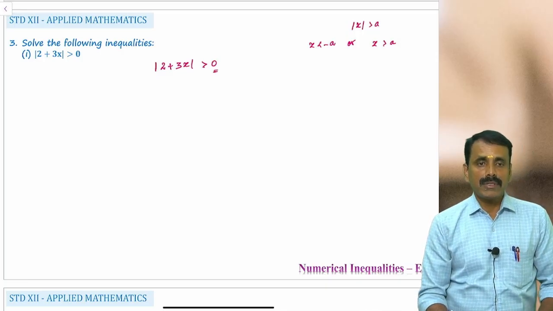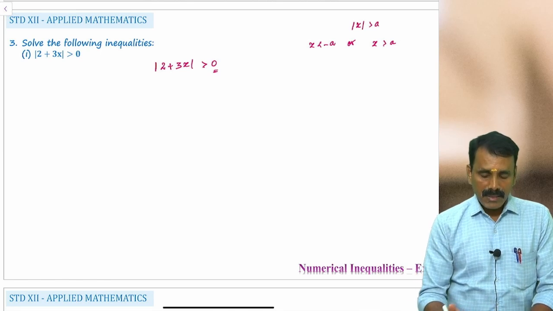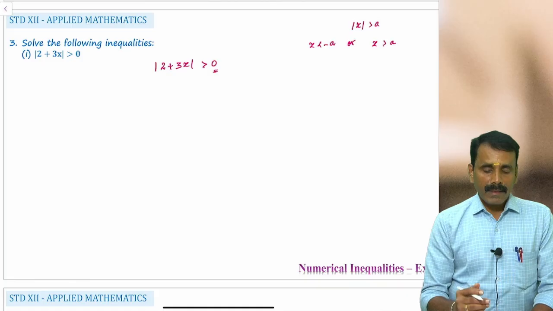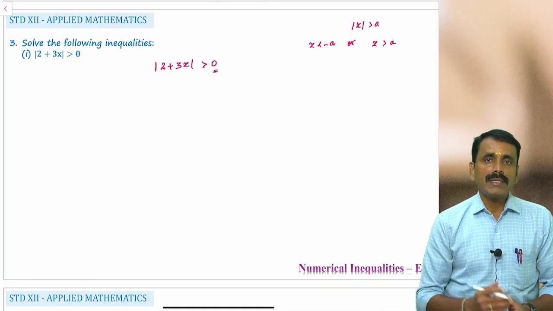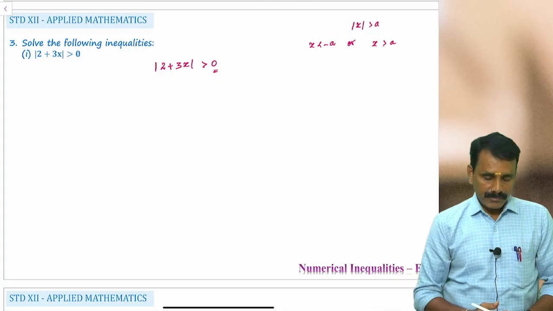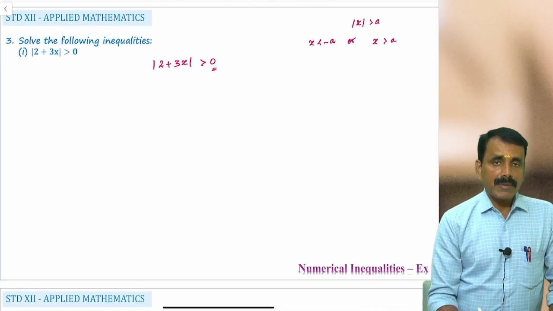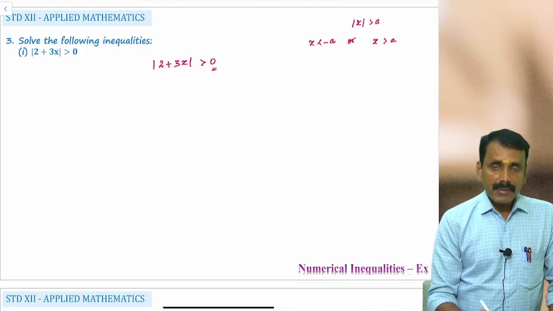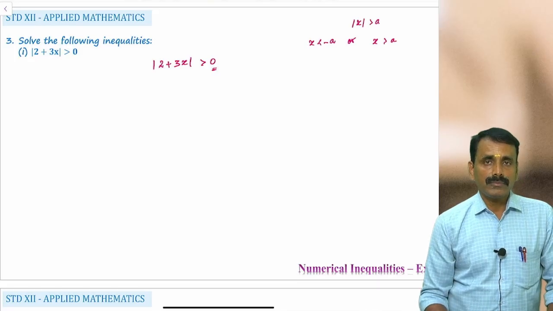It is not any numerical value to write as minus a and plus a, because 0 and minus 0 both are going to be the same. So the typical answer for this expression, in simple words, will be everything except the value of x which will make this expression equal to 0.